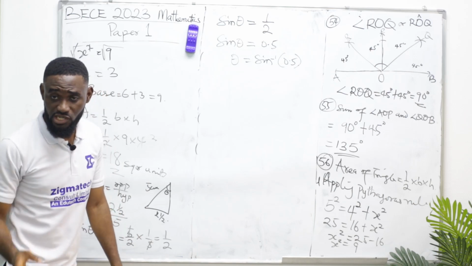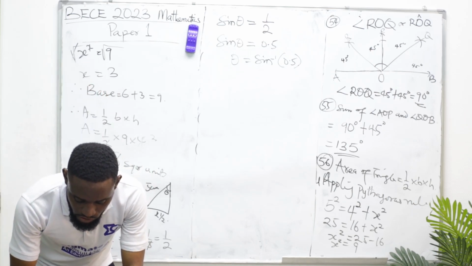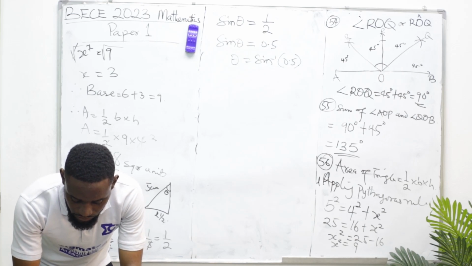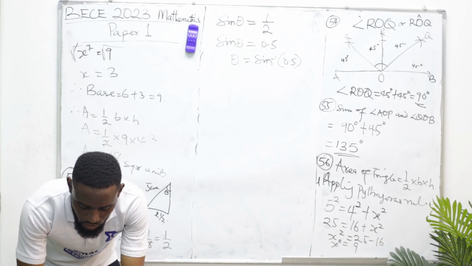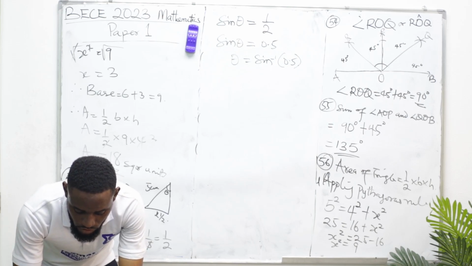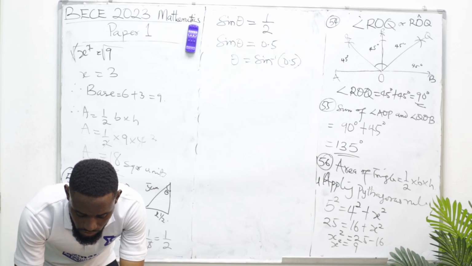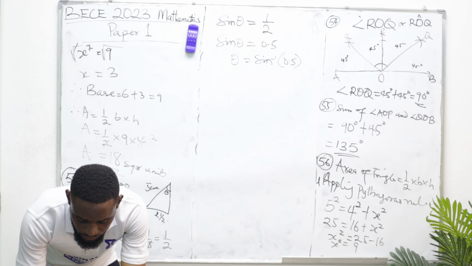You just press your second function, and that is done. So let's go. Sine inverse of 0.5.